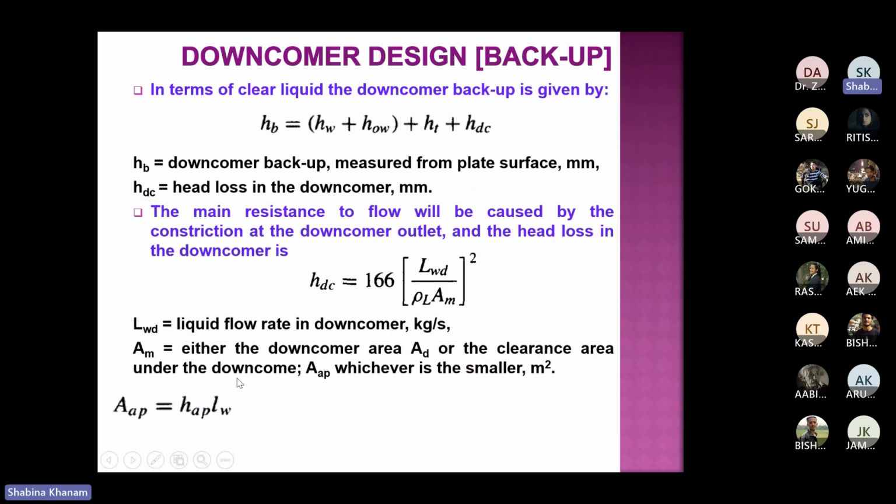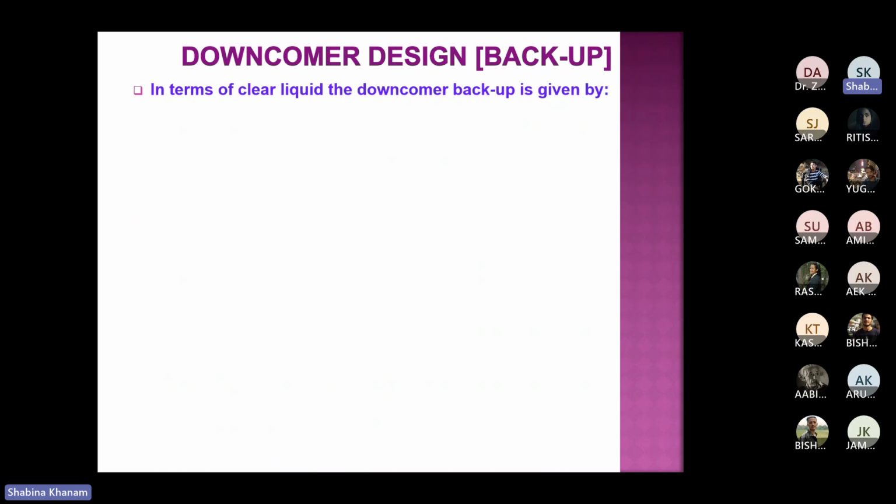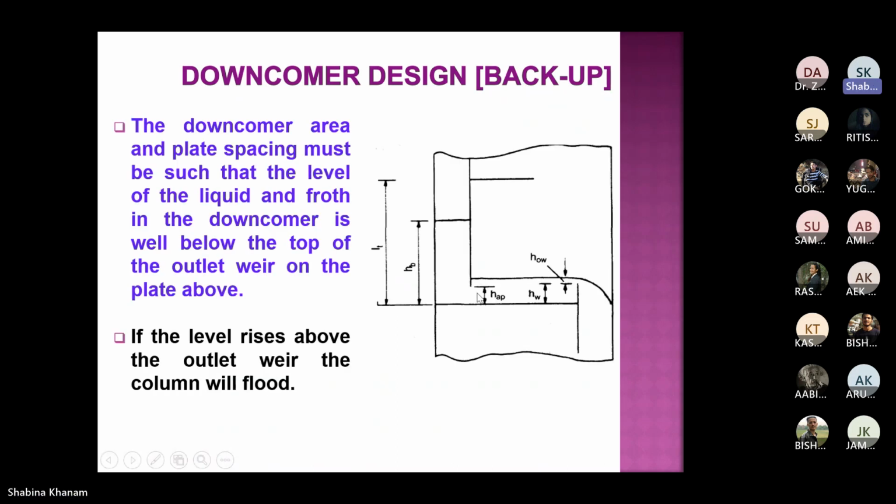So whichever is smaller, that we need to select. So AAP, we can find out HAP into LW, that we have already seen. Now how to find this HAP? If you see this schematic, HAP is a little bit lesser than LHW.